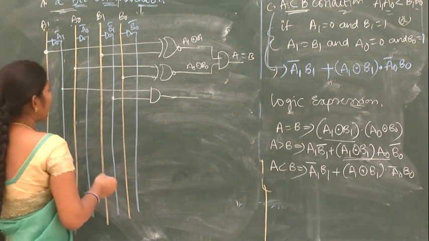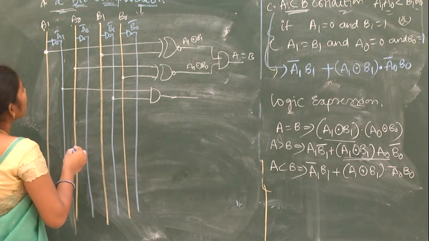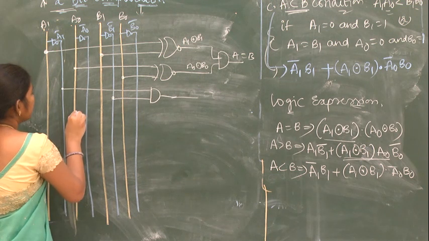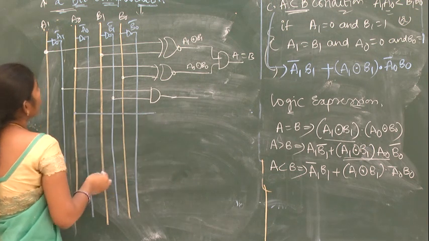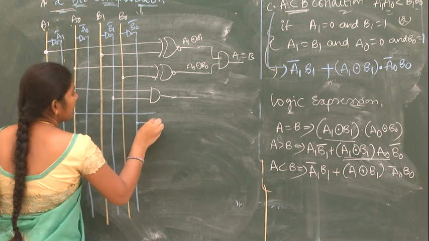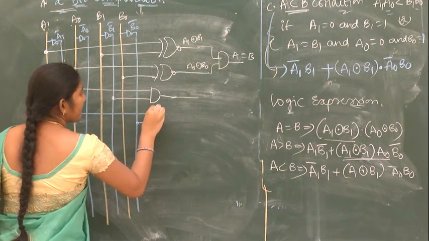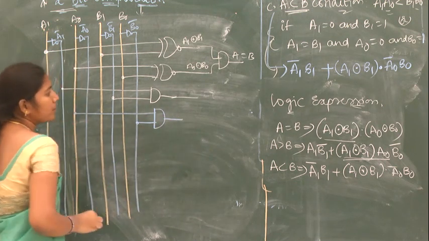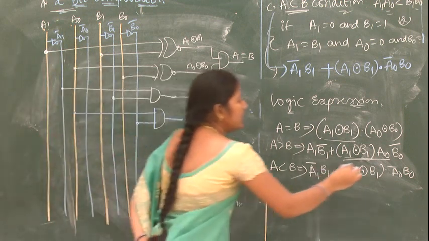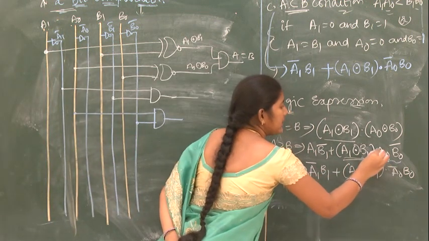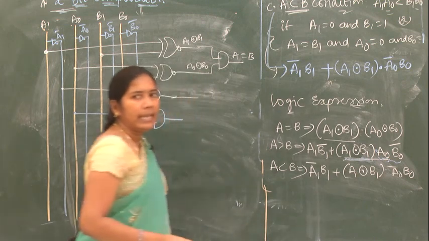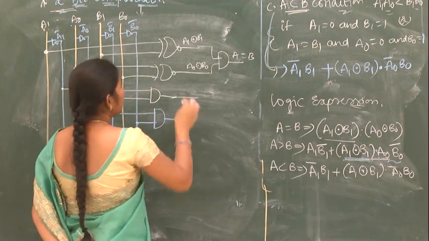Here we require A0 B0 bar. This term is ANDed with A1 exclusive NOR B1.